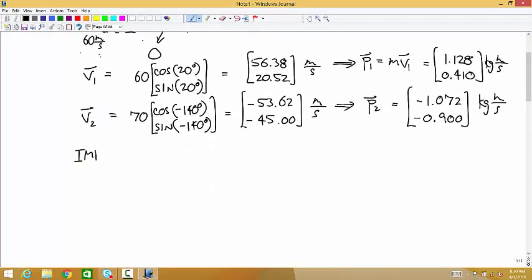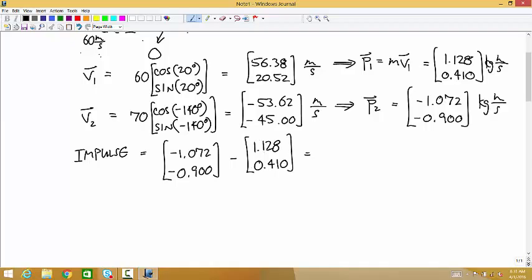So the impulse is negative 1.072, negative 0.900, minus 1.128, 0.410. And what do you get for that? Negative 2.200. And what do you get for this one? Negative 1.310 kilogram meters per second.